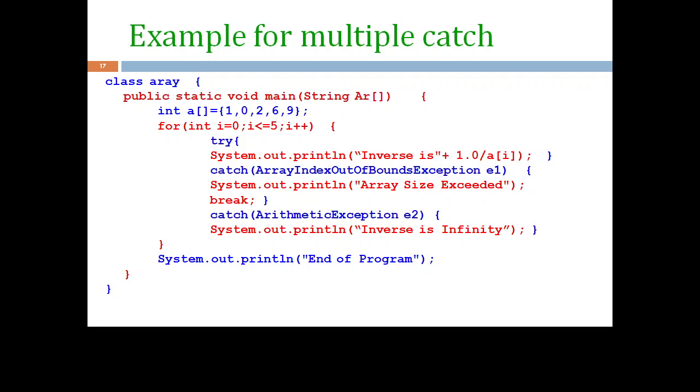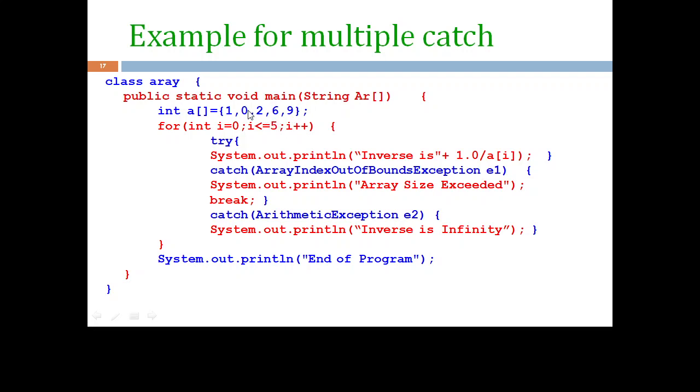Two types of exceptions can occur because the array has 5 elements and this loop runs for 6 times. So one time ArrayIndexOutOfBoundsException should come, and one more thing is there. Each and every time we are calculating the inverse of that number. Inverse of the number means 1 by 0, 1 divided by 1, 1 divided by 0, 1 divided by 2, 1 divided by 6, like this.